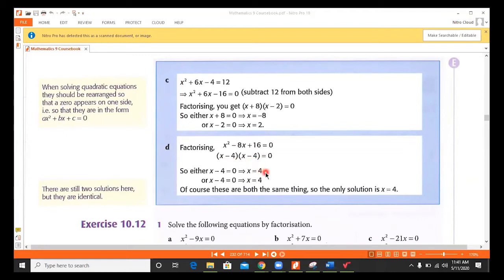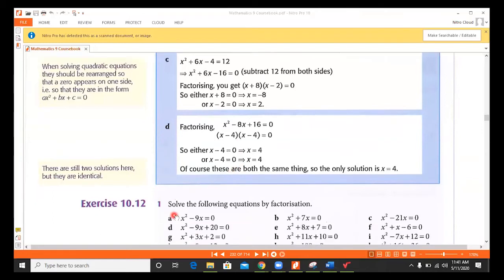So x equals 4 will be the solution. Since you have the same value, the only solution is x equals 4. This is the case when the quadratic expression is expressed as a square of a binomial. When there is no solution, we'll see in other examples.